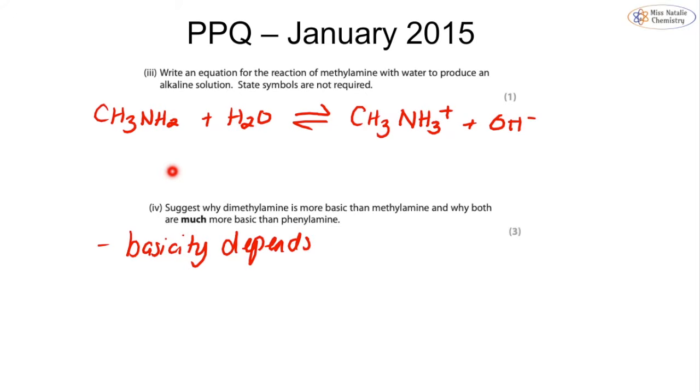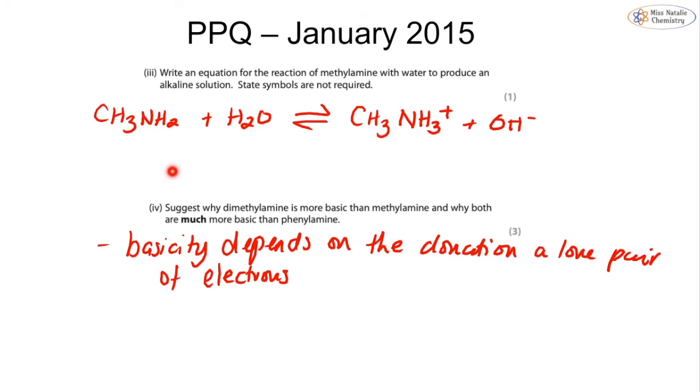depends on the donation of a lone pair. And it's the lone pair of electrons on the nitrogen. Methyl groups are electron donating.